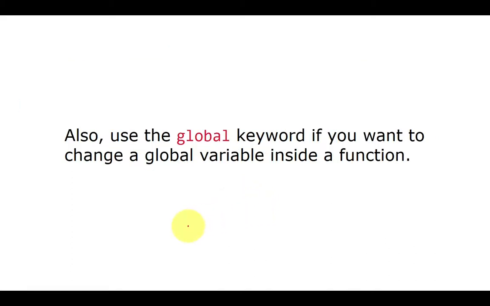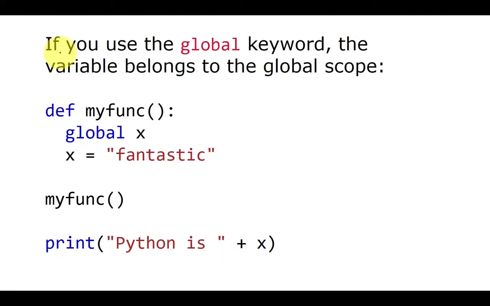Also, use the global keyword if you want to change a global variable inside a function. If you use the global keyword, the variable belongs to the global scope.